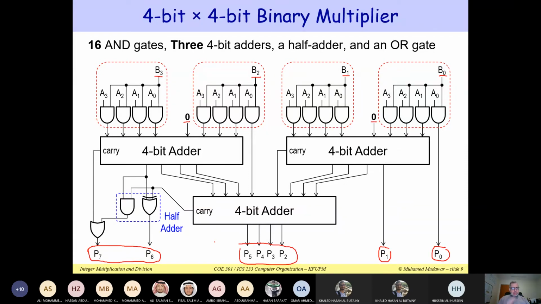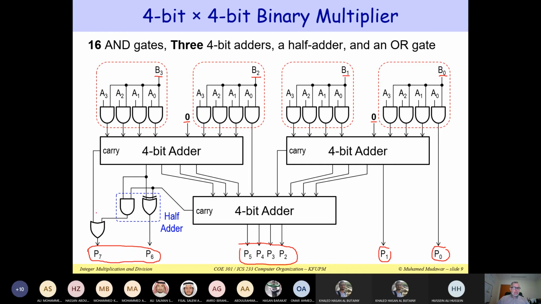Now this is one way to implement the circuit. So 16 AND gates, and I used 3 4-bit adders to calculate the final product, plus a half adder here because I have a carry that I need to propagate, and this is the most significant bit. And then also I have this carry. Here just an OR gate will be sufficient.